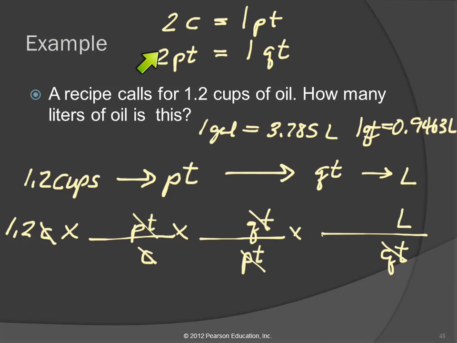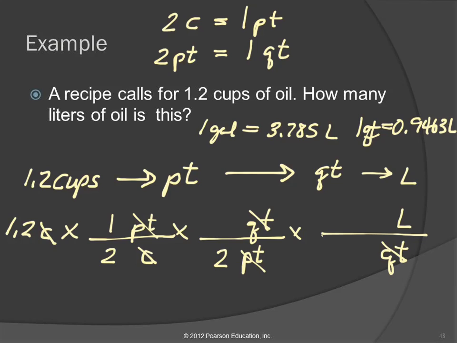Did you have to write these down? No. At the beginning, if you're struggling with this, I would encourage you to write it down. You'll be more successful, but you don't have to. So here, 2 cups is 1 pint. So I have to keep those numbers with their units. 2 cups is 1 pint. And 2 pints is 1 quart.